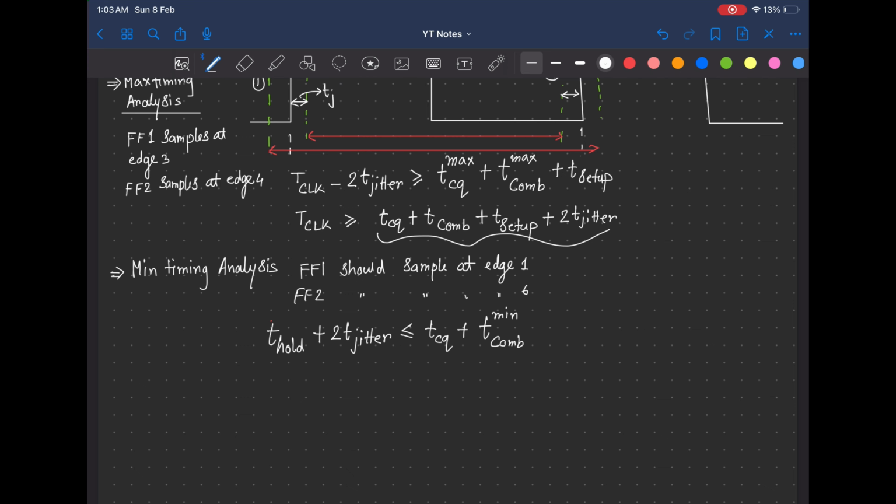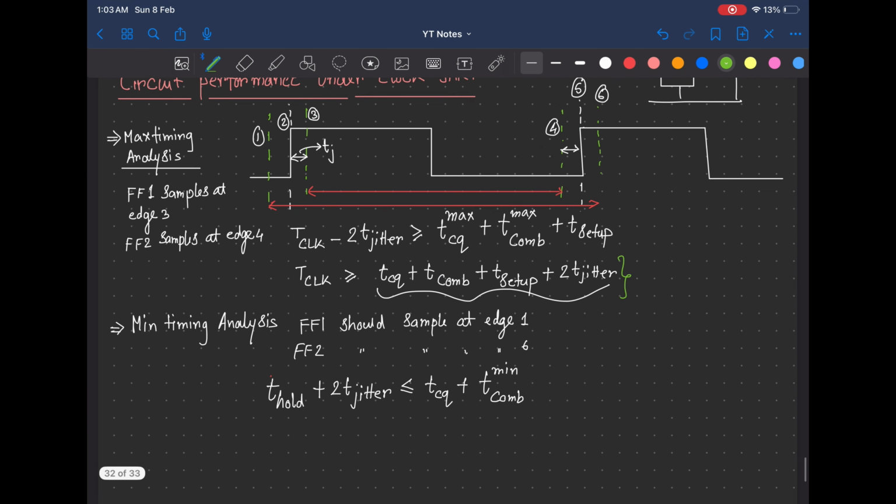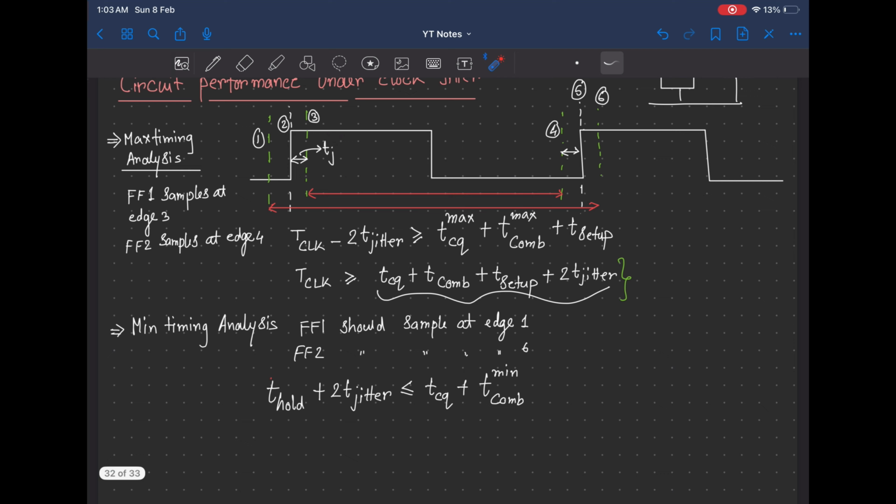Simply as you can say, because of the contraction in the clock period, it will not help the setup time calculation. So the chances of setup violation increase.